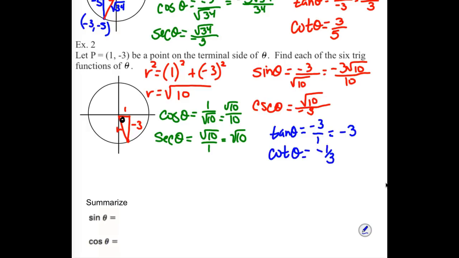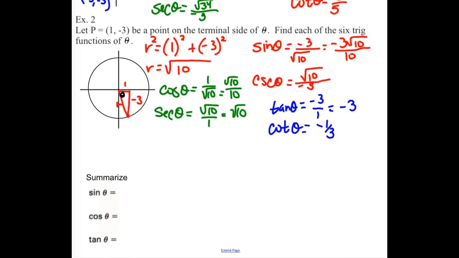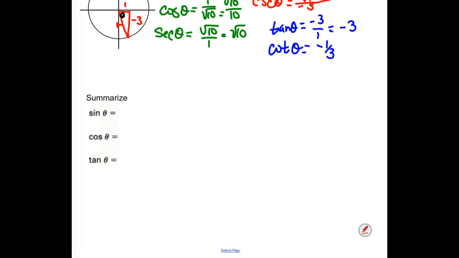Now, I want you to take a look. We've been using this idea of opposite, adjacent, hypotenuse kind of thing. But if you look at both examples, when we found the sine, we were using the y-coordinate divided by whatever that radius or hypotenuse was. So our opposite was always the y value.